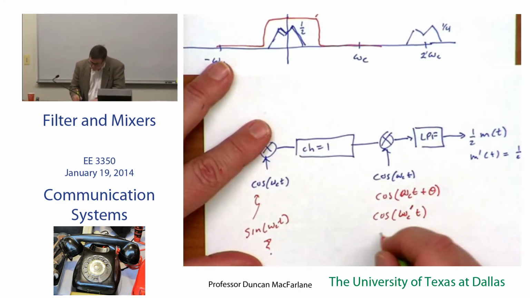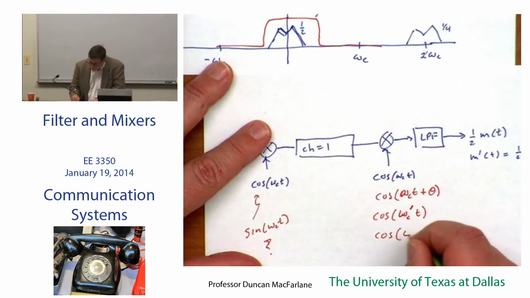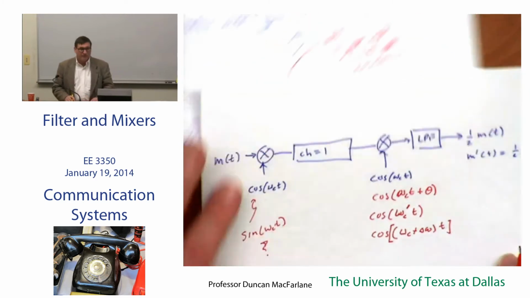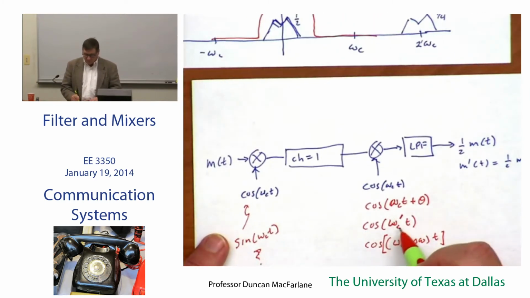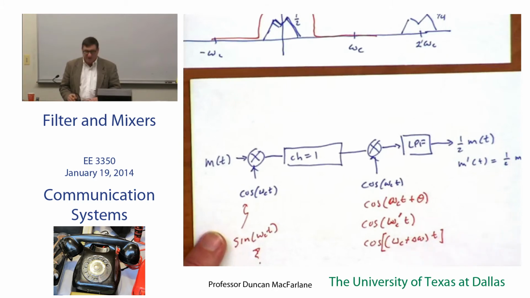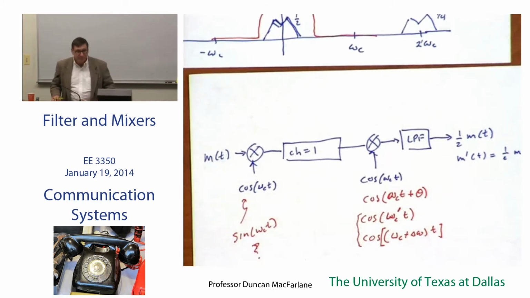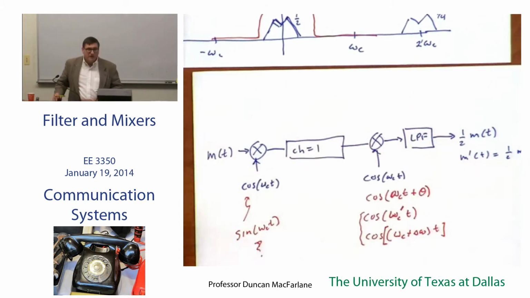I could also write this as cosine of omega c plus delta omega t. Right? So here I get differences omega c prime minus omega. Here I just get the delta omega. Those are the same. Channel, what can go wrong with the channel?